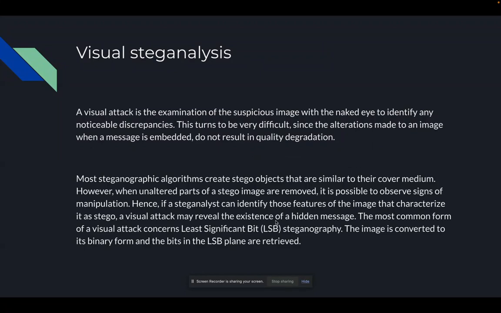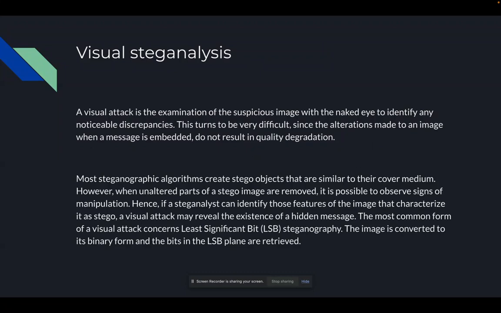Well, visual steganalysis. The visual attack is the examination of the suspicious image with the naked eye to identify any noticeable discrepancies. This turns out to be very difficult since the alterations made to an image when a message is embedded do not result in quality degradation.